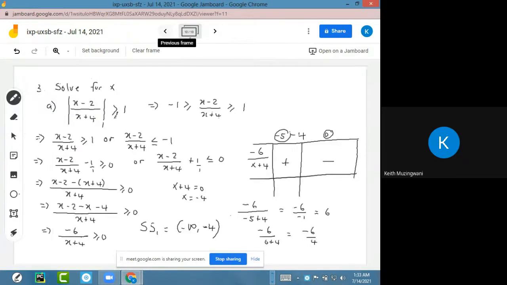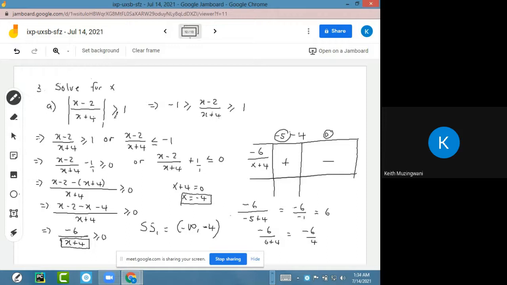Okay. So we are saying, since we have obtained the critical value from the denominator, which is x is equal to negative 4, after testing, we remember that we have greater or equal to. Greater or equal to allows the situation to have a 0, meaning you can include the critical value, the boundary number.